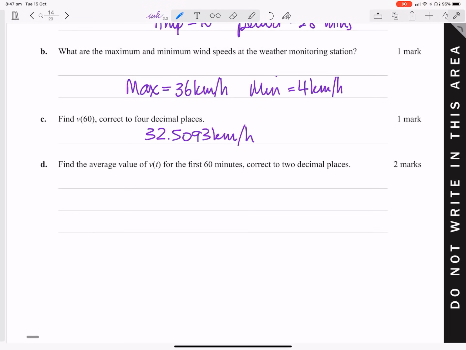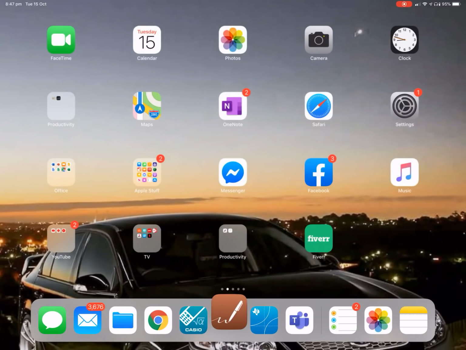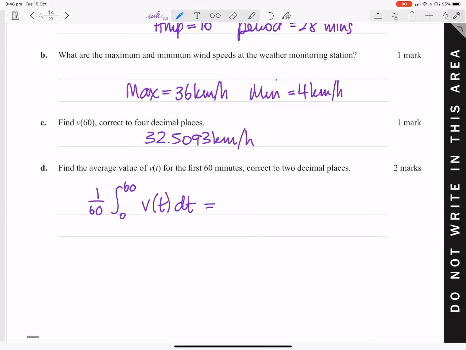What is the average value of V of t for the first 60 minutes? So 1 on 60, integral from 0 to 60 of V of t dt, which is f of x. So 1 on 60 at the front, 0 to 60, f of x dx. Did it say exact?